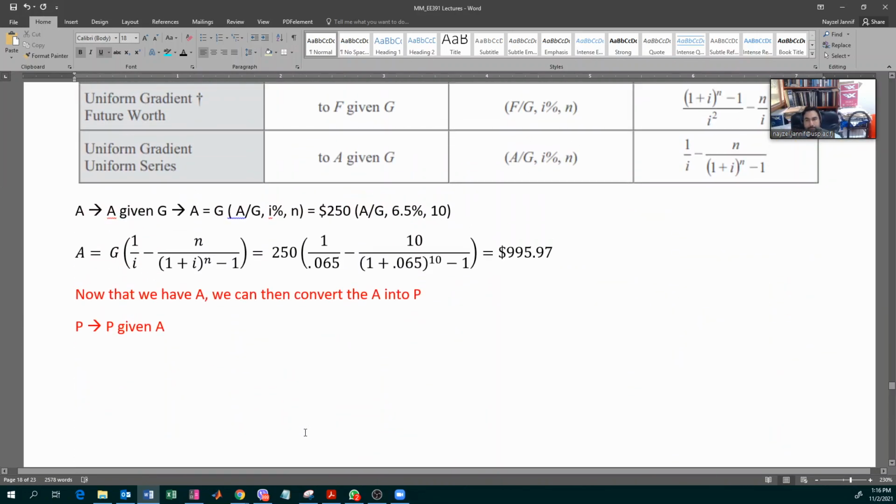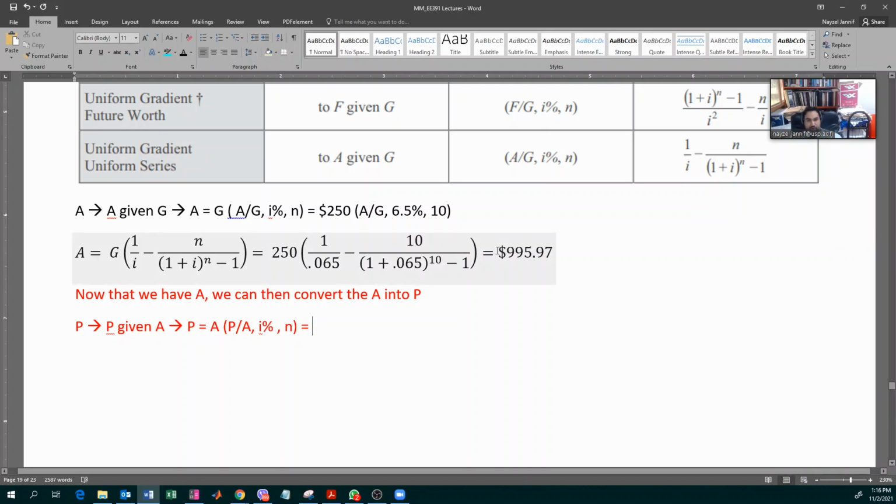Now, P given A. The way we will calculate P is equal to A into P given A, I percent, n years. What is our A in this case?